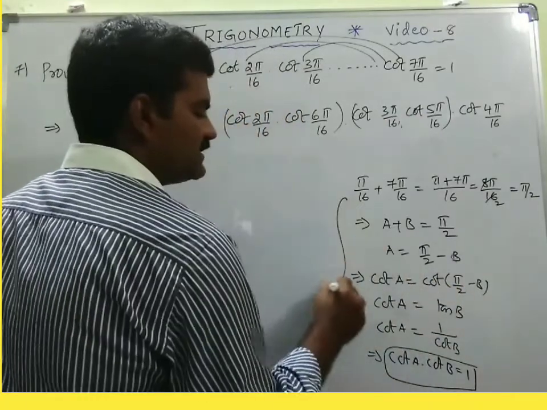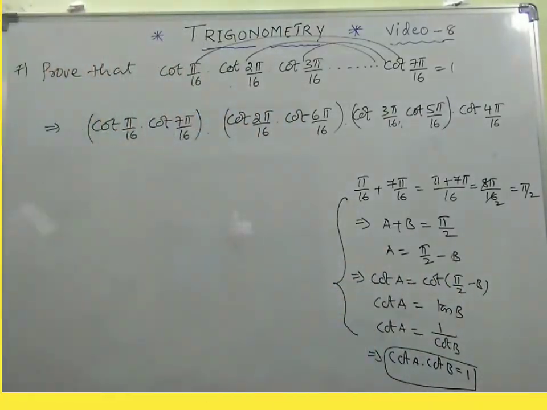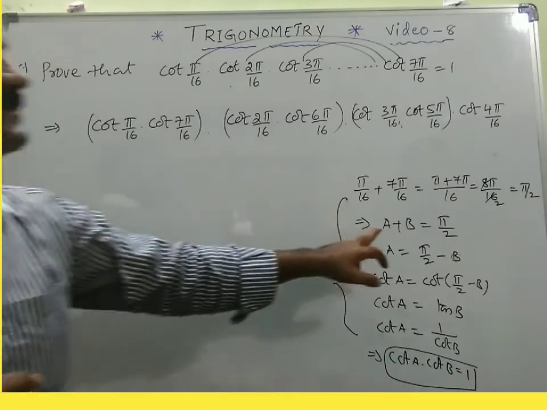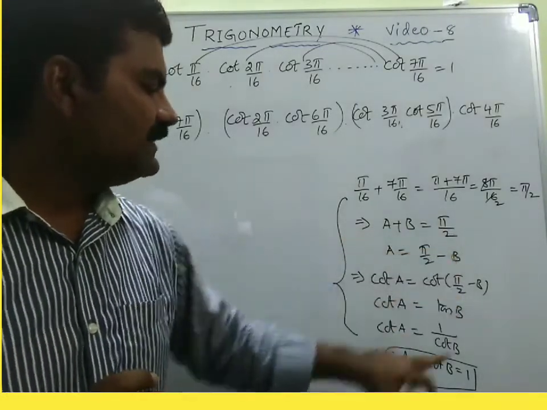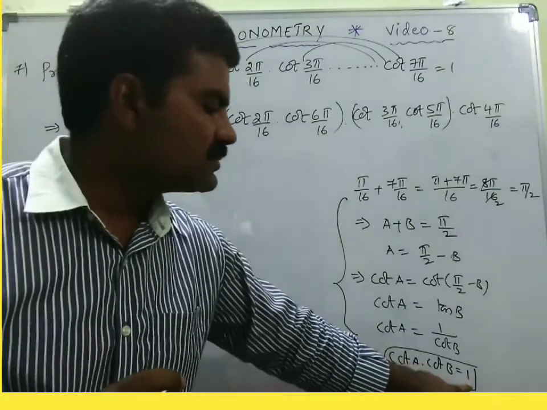So because of this, I want to write them as pairs. Even in the last video, we discussed one or two problems based on this, that is, the sum of the angles is 90, complementary. So if A plus B is equal to 90, then cot A into cot B is equal to 1.